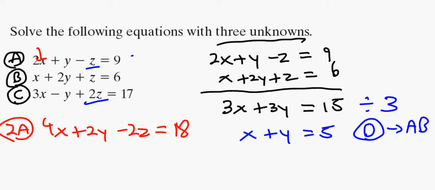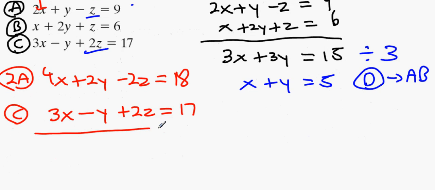Next one we're going to get is just going to be normal... oh, sorry, not B, I'm using C, excuse me. So it'll be 3x minus y plus 2z equals 17.